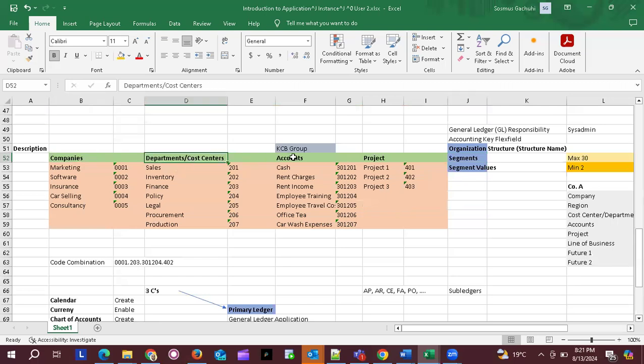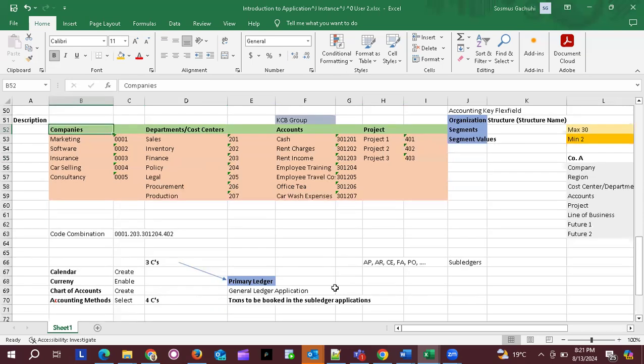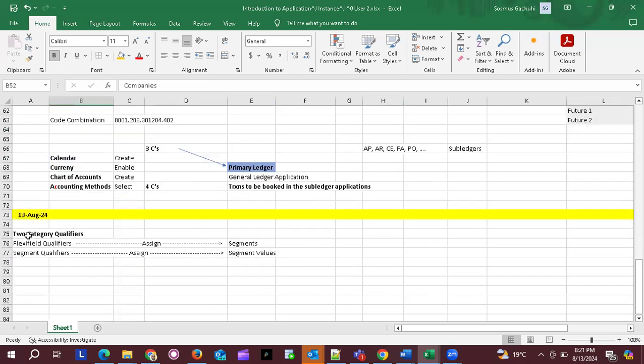The same case, account segment and department segment. So for us to be able to achieve that and make sure that account segment has the qualities of an account, and also the department has qualities of the department or cost centers, the same case with companies, we have to use these feature that we call qualifiers.